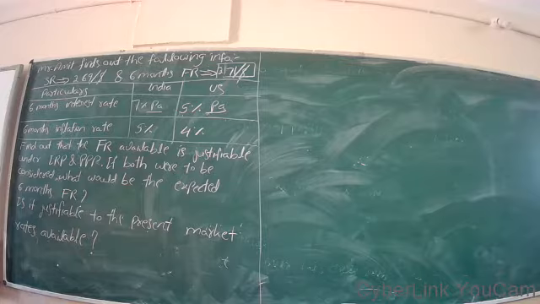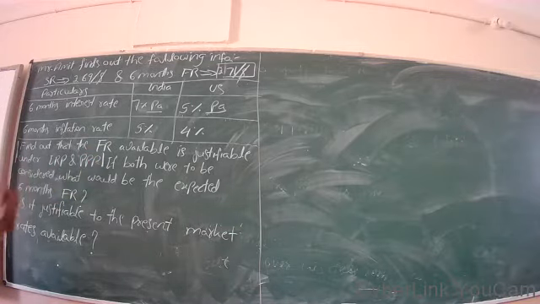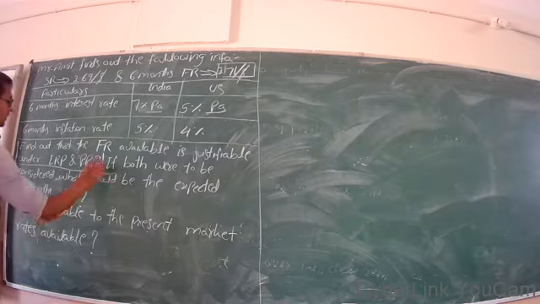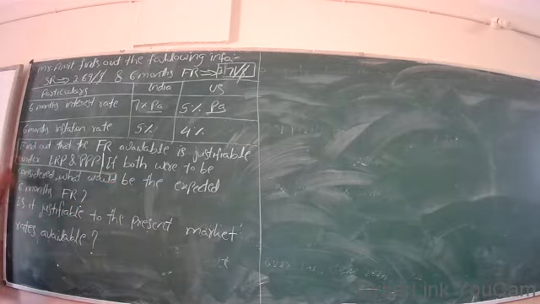This is the first part of the problem. Find out that the forward rate available is justifiable under both the theories.